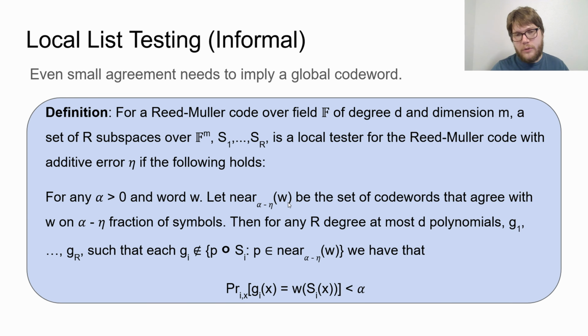So some of the local low-degree polynomials may match the received word exactly, but in expectation, not many of them will. And that's the local list testing type property that we will actually need.